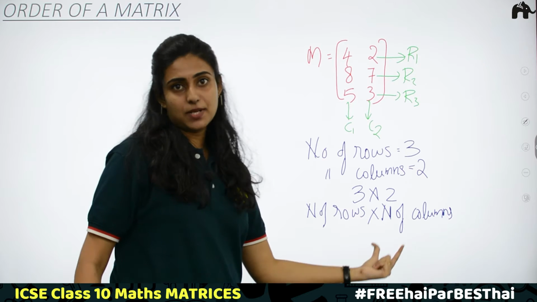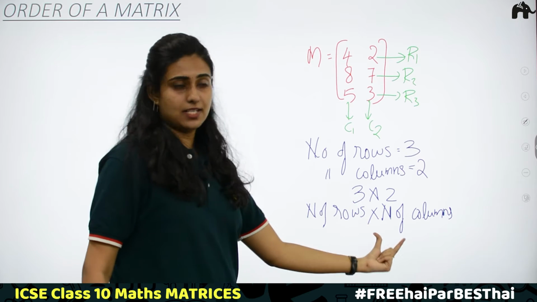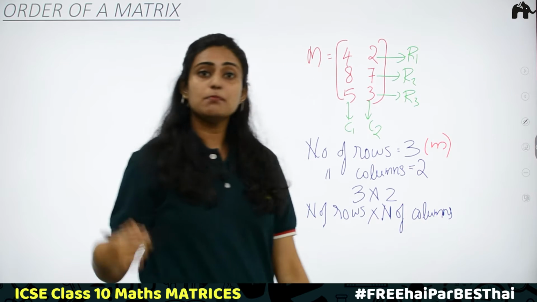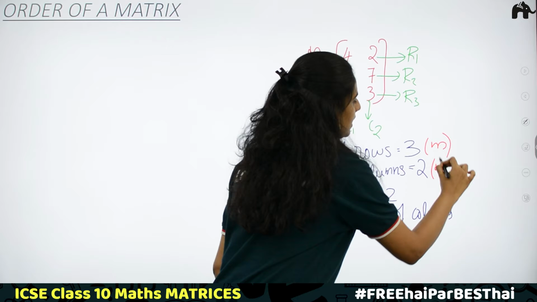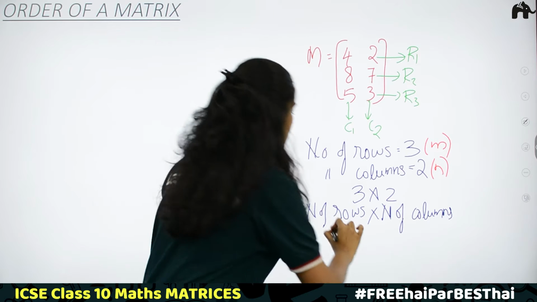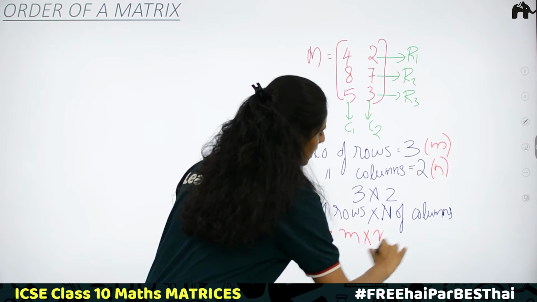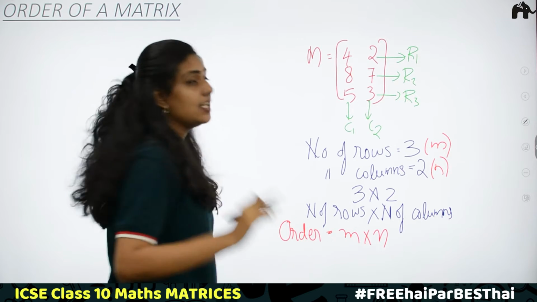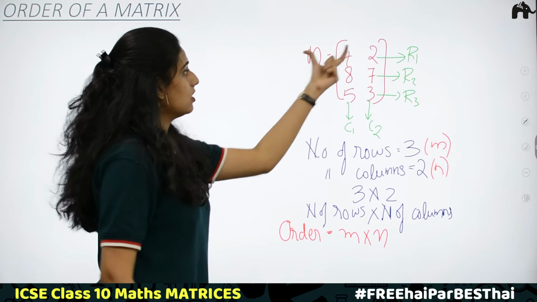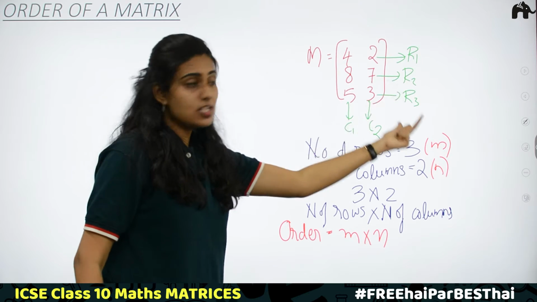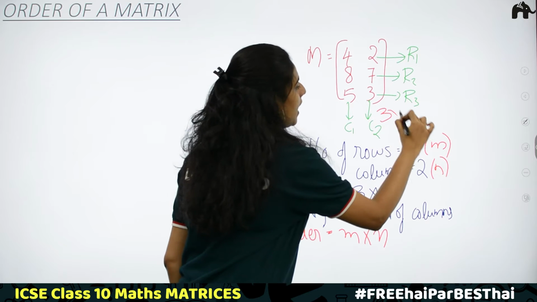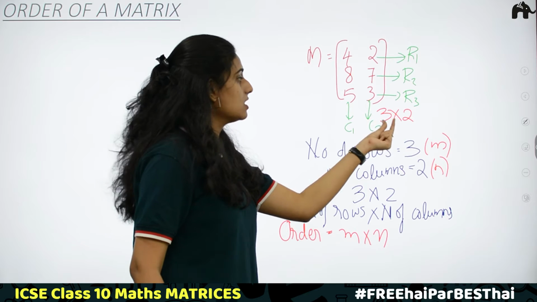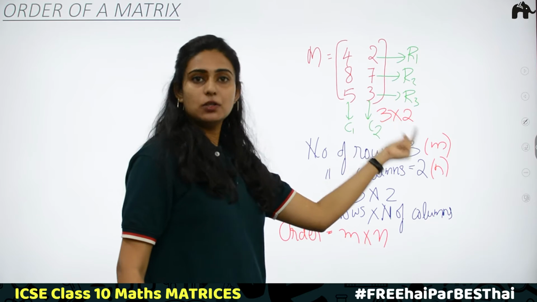Now, the general representation of the order of a matrix is, we take the number of rows as m and the number of columns as n. Then we can represent the order of the matrix as m by n. Okay. Order of the matrix is m by n. Now, what is this? Here we have 3 rows and 2 columns. This is a 3 by 2 matrix. Okay. You are using cross. This is not multiplication. This means by. 3 by 2 matrix.